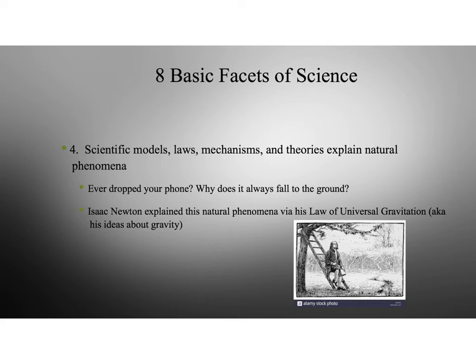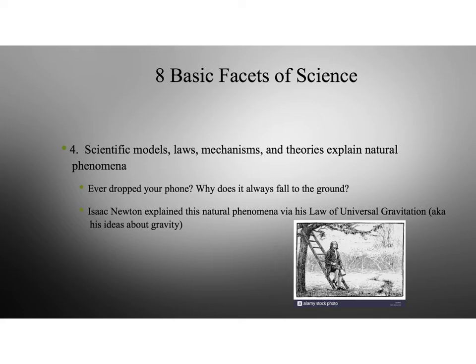But basically, the universal law of gravitation says that all objects have an attraction towards each other. Depending on how big, how massive the objects are, and the distance between them, you get the force of gravity.